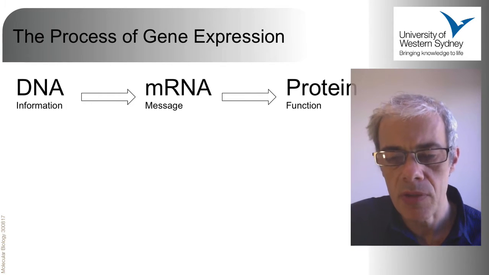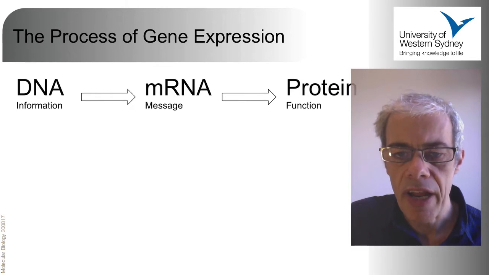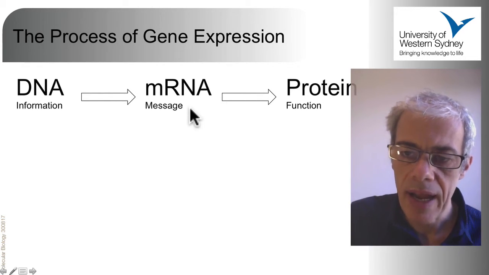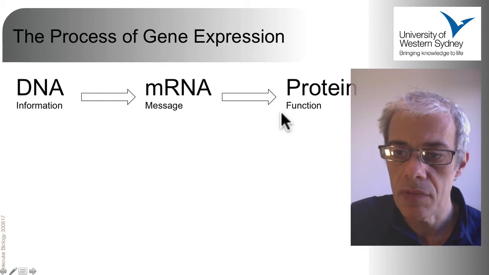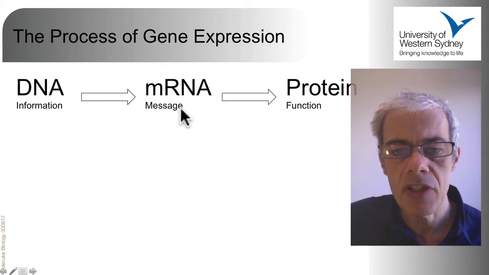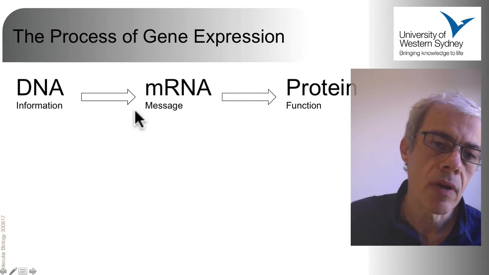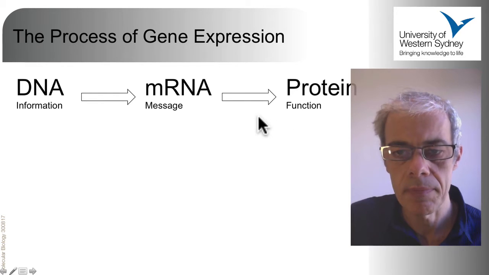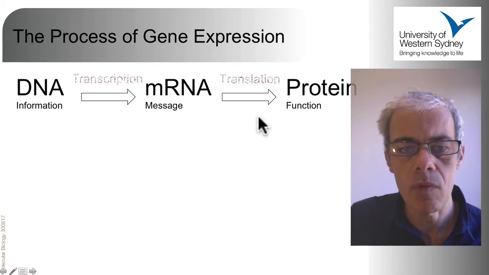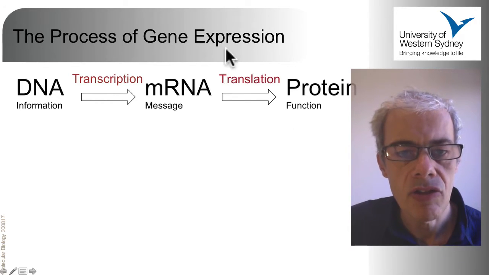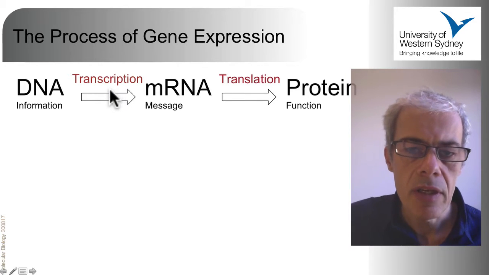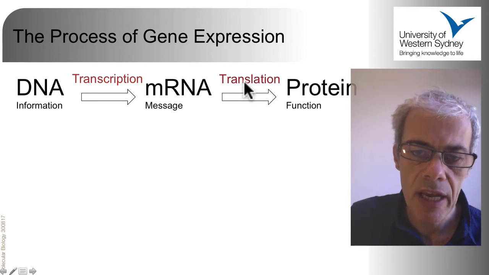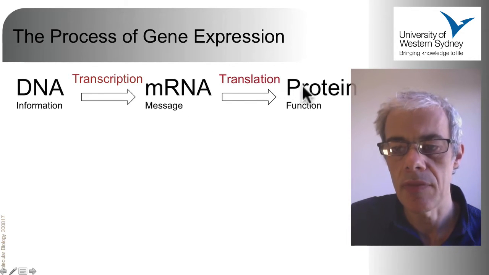As an aside, we've also looked at RNA as a catalytic activity in the cell as well, rather than just focusing on proteins. But for this general scheme, we tend to think of information going from the DNA through to the functional protein. And the main processes involved in this are transcription of the DNA to give a messenger RNA, and then the translation of the messenger RNA to give a protein.